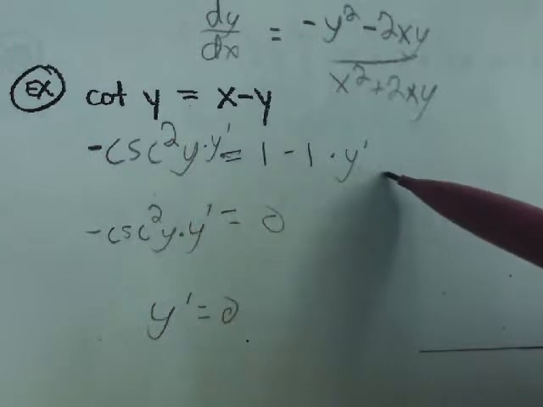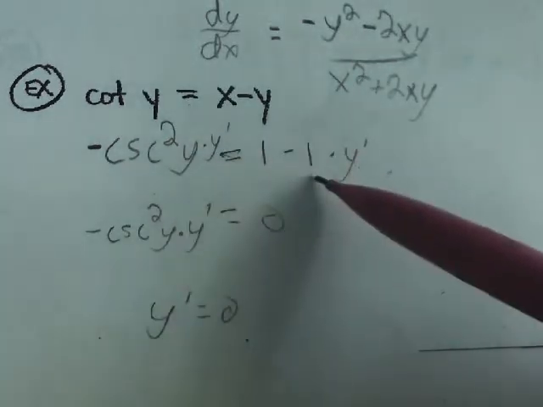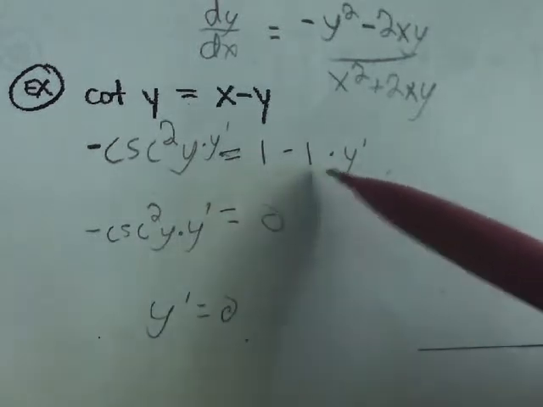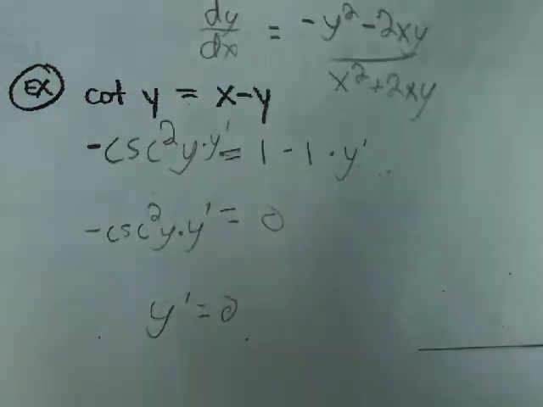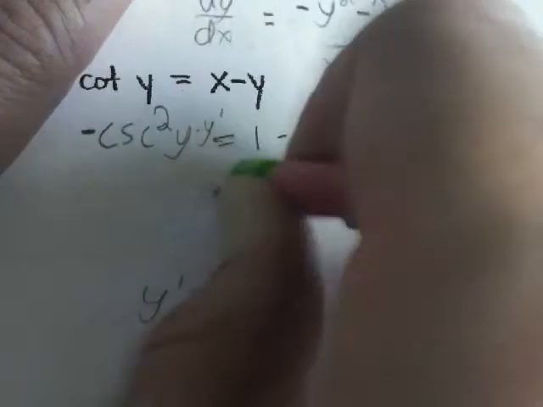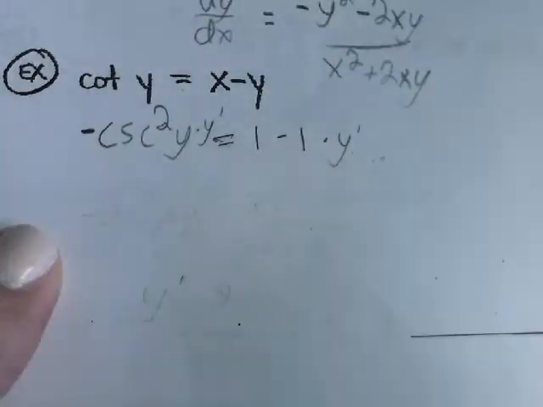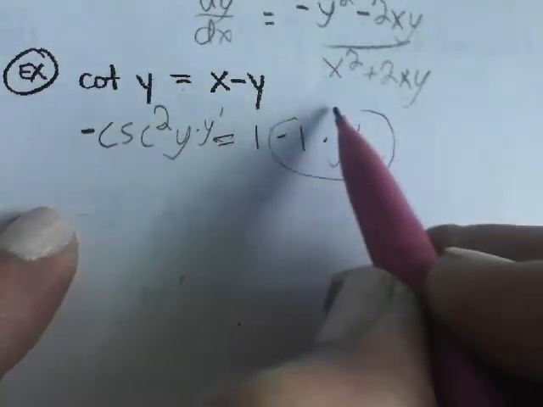So what should have happened is we really need to get our y prime on the same side. So this is technically minus 1 y prime. If I add that over, it would just be y prime minus the cosecant squared of y times y prime equals 1.